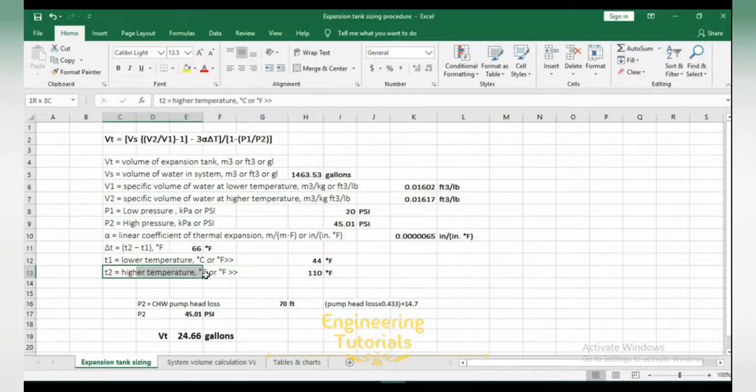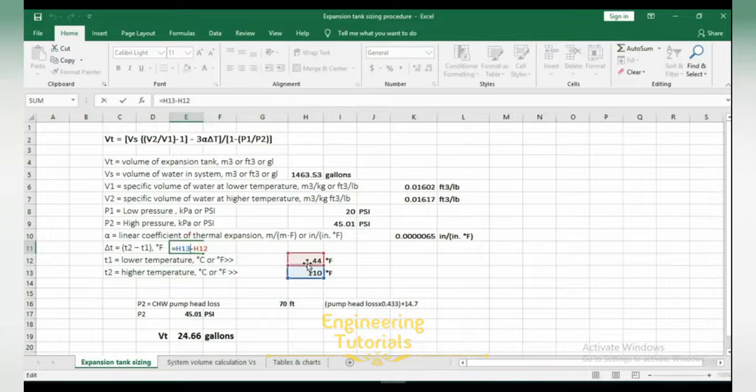Let's say the location ambient temperature is 110 degrees Fahrenheit. So delta T is equal to T2 minus T1, ambient temperature minus chilled water supply temperature. That comes out to be 66 degrees Fahrenheit.